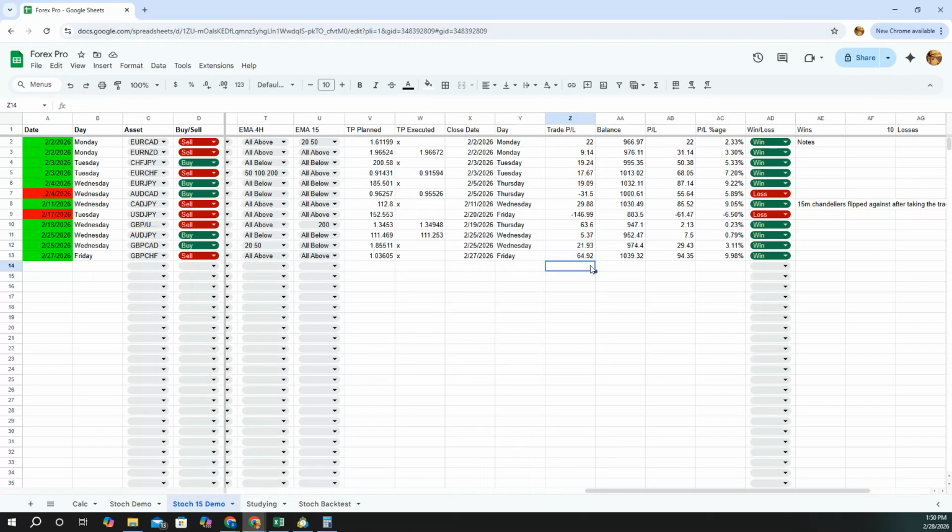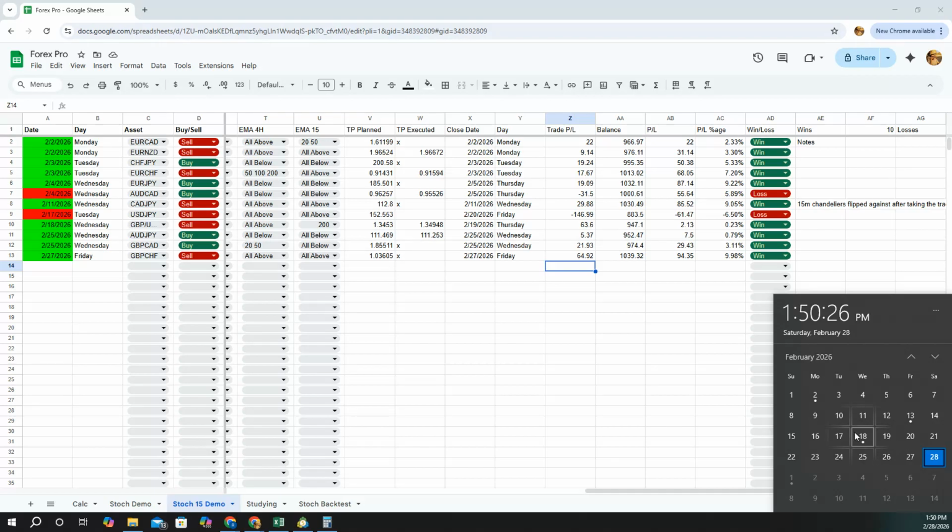So last week, let's look at the boundaries of last week. Last week is between the 16th and the 20th. Those trades were 16th to the 20th.